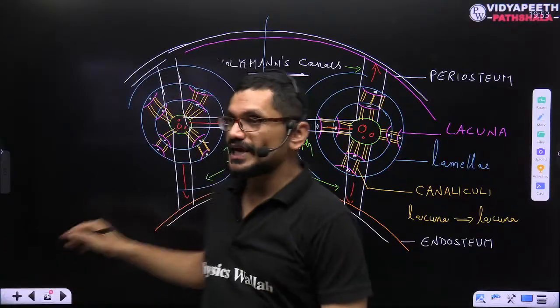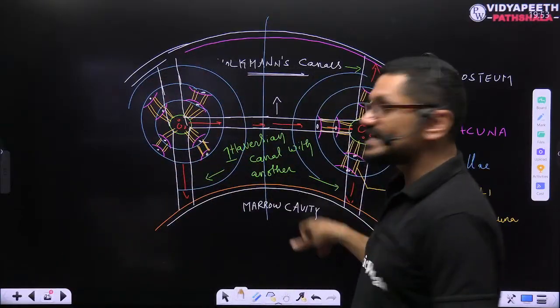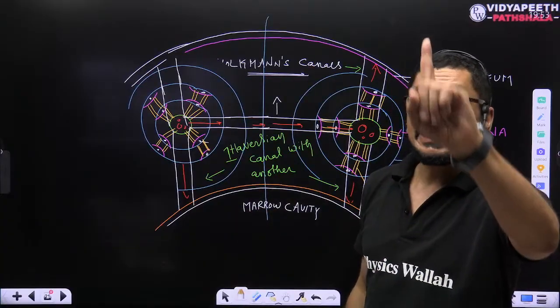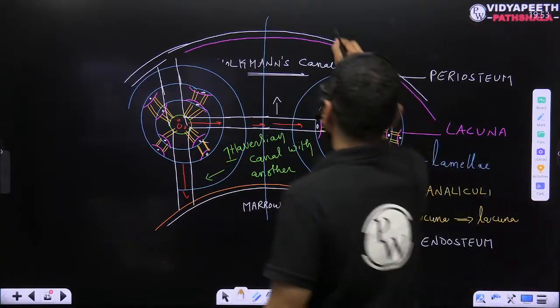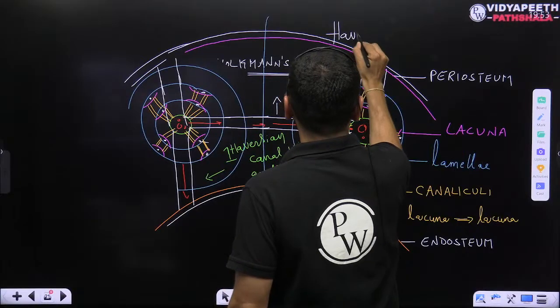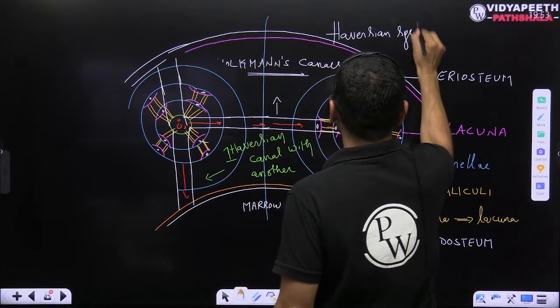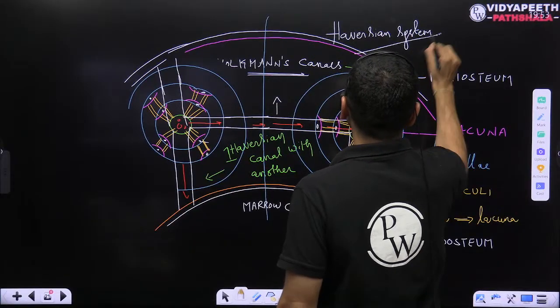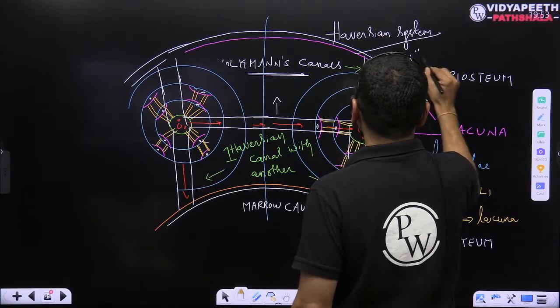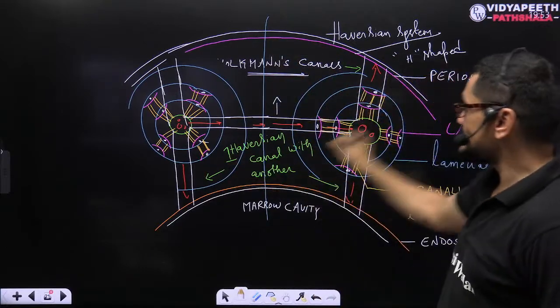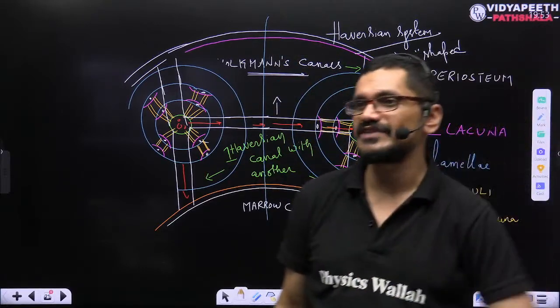It resembles an H. That is the reason why this Haversian system is also called the H-shaped system. This entire system is called the Haversian system. This diagram is the Haversian system. So the Haversian system is an H-shaped system. That's all about the Haversian system.